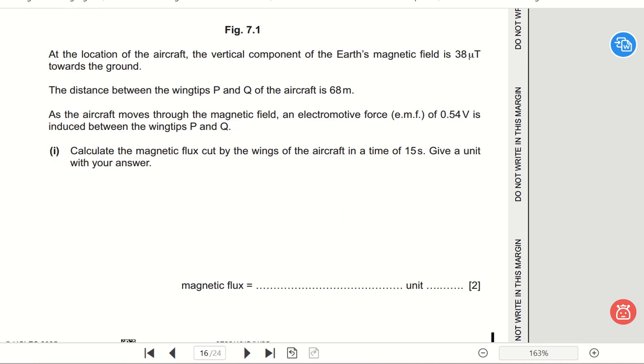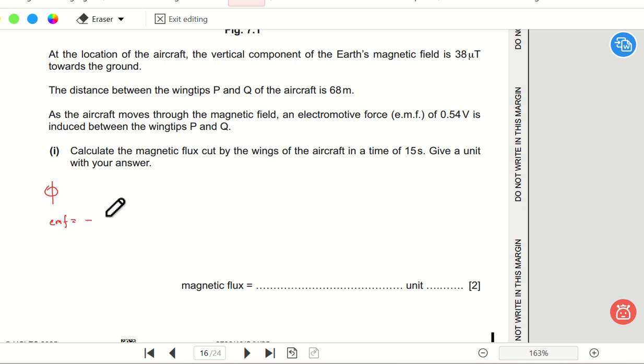So we know that magnetic flux is phi, and phi can be obtained from Faraday's law, which states that EMF is directly proportional to the change in magnetic flux linkage, so EMF equals delta phi with respect to time.